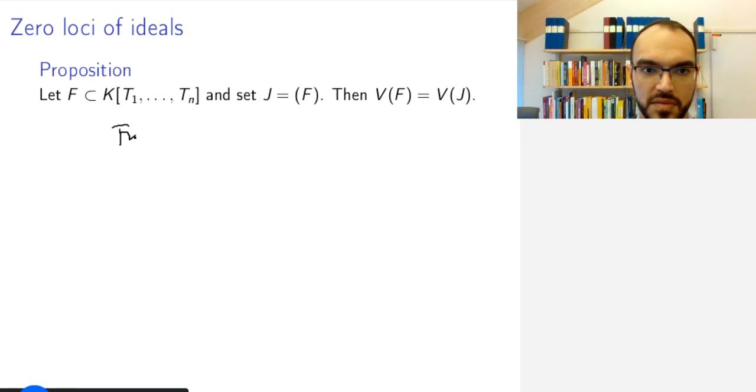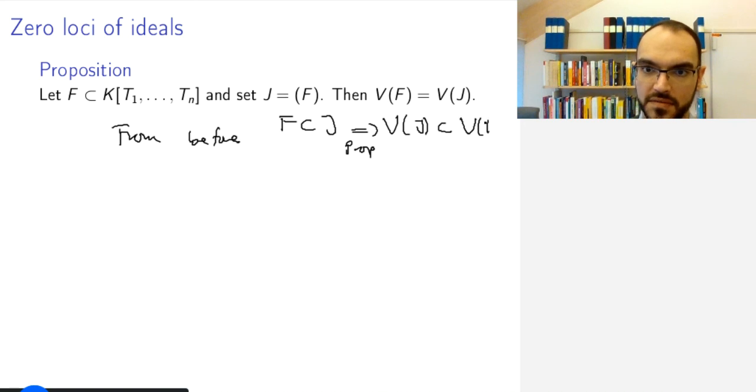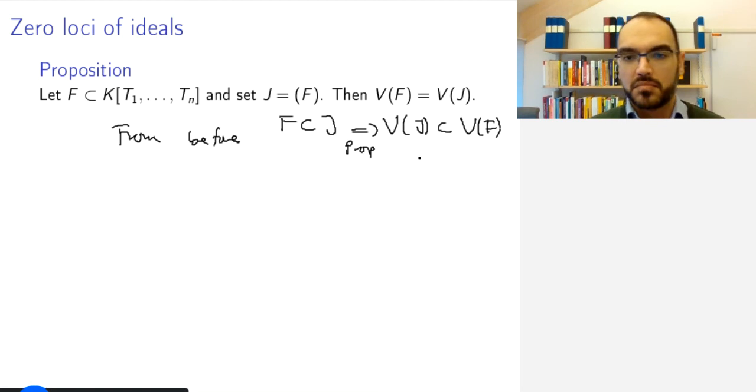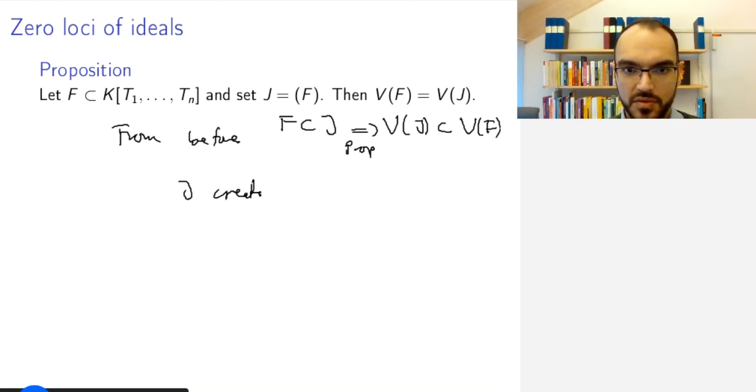So from before, we know that F sits inside this ideal, and so by the previous proposition, this will imply that V of J sits inside V of F. Now we need to prove that this inclusion is an equality. Well, J is created, how do we get J?